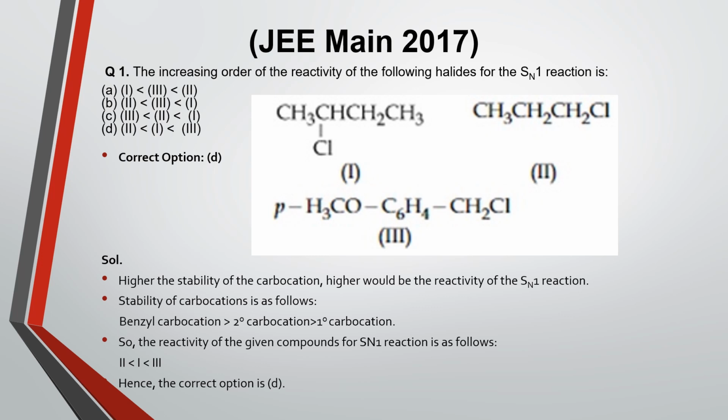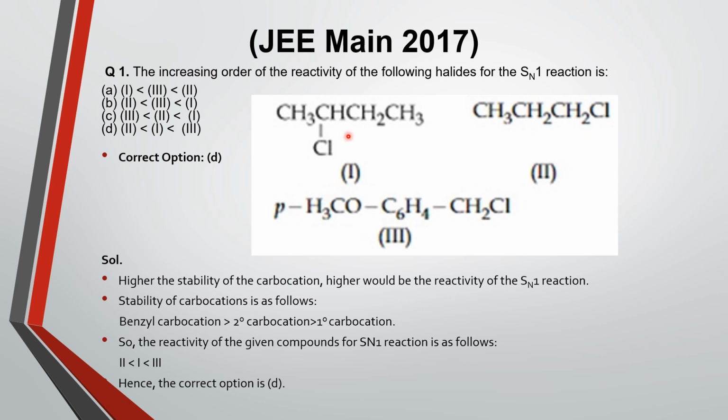So I will repeat the question. The question is the increasing order of reactivity of the following halides for the SN1 reaction is. Four options are given and three substrates are given, that is, halides are given. In the case of the first halide, you can see this halide is secondary in nature.